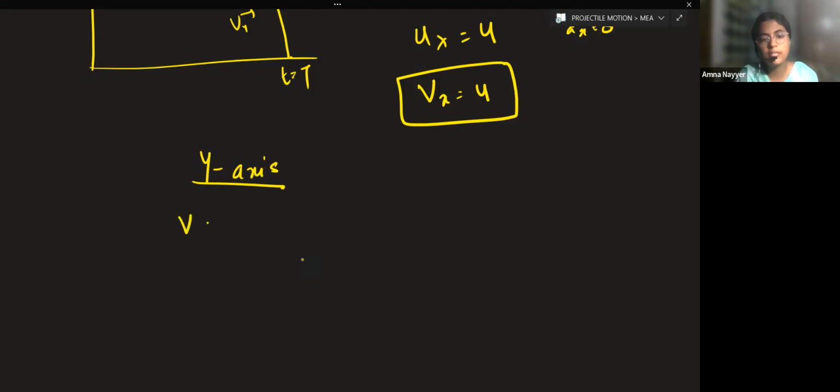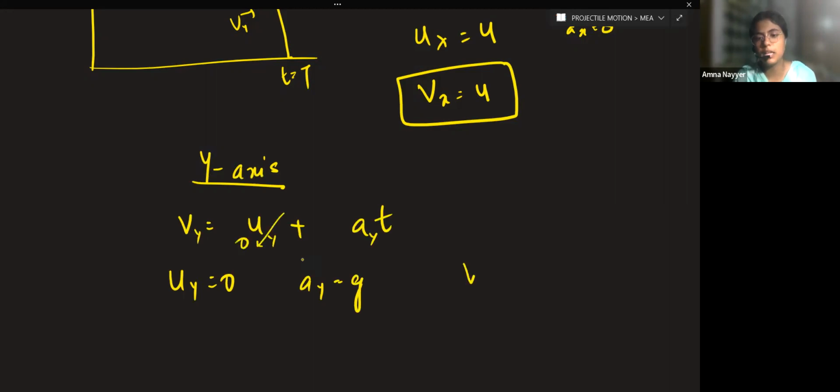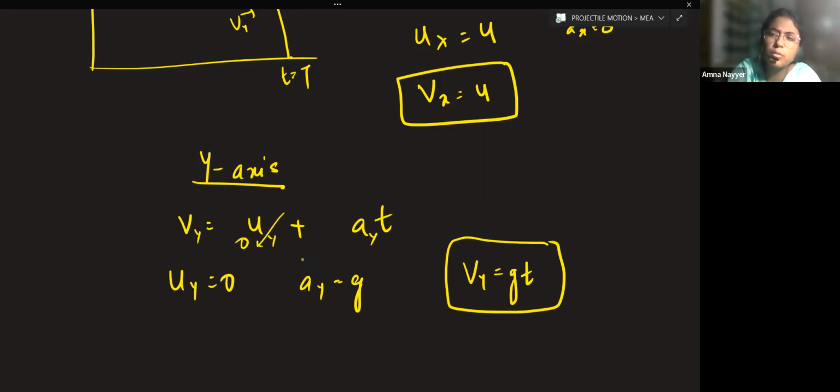And velocity along y-axis, this becomes u plus at. This time this will be for y, uy, ay. So uy is 0 and ay is equal to g. So this term this time becomes equal to 0, and this is gt. So in your angular projection, what did you have?